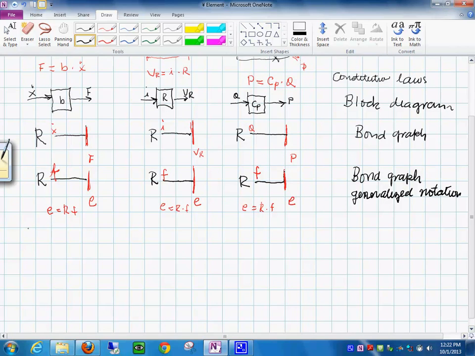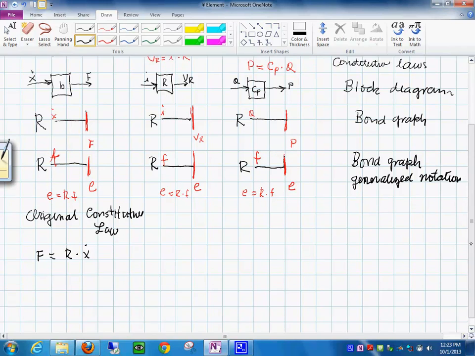Let's just write the original constitutive law. The law was that F is equal to R times X dot.